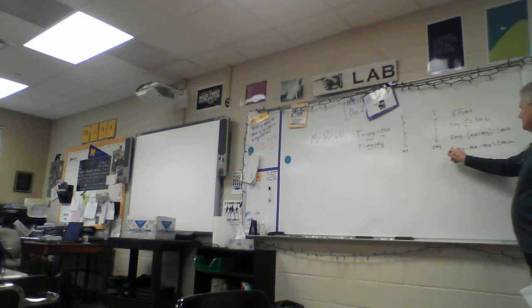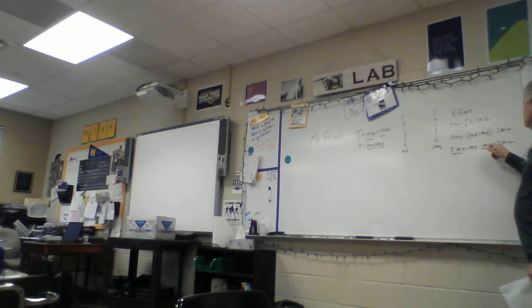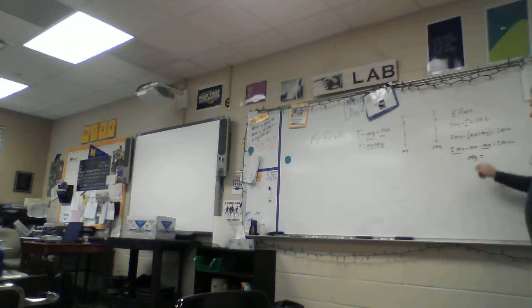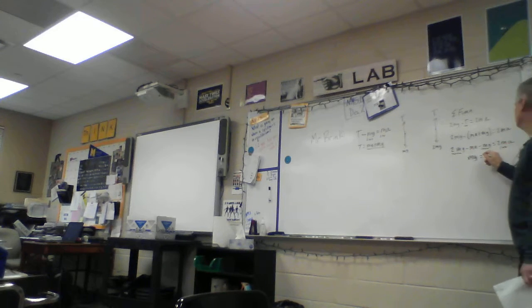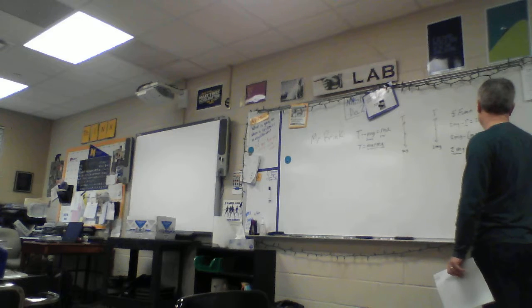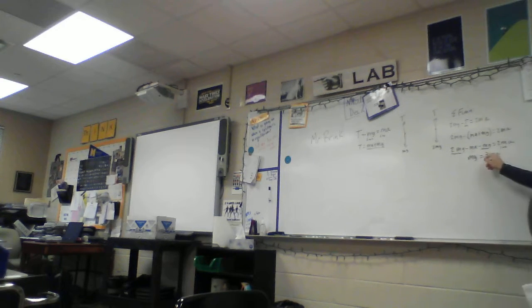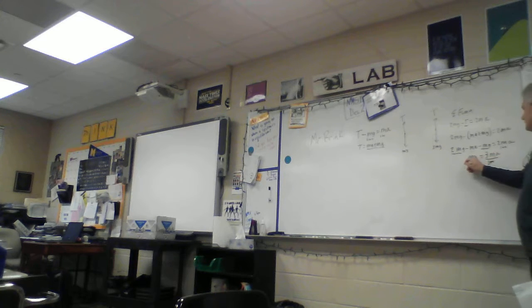Combine like terms, here I have 2 mg's and here I have minus mg, so that just gives you mg. And then I'm going to add ma to each side to get rid of that. So that's 3 ma's over here. And I'm solving for the acceleration, so I divide by 3m.